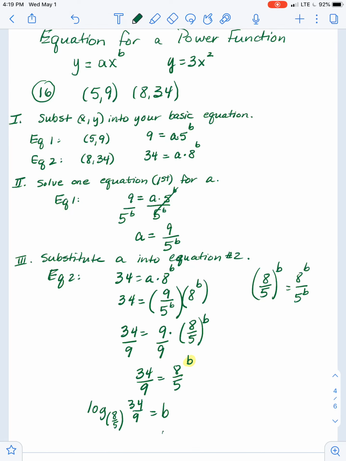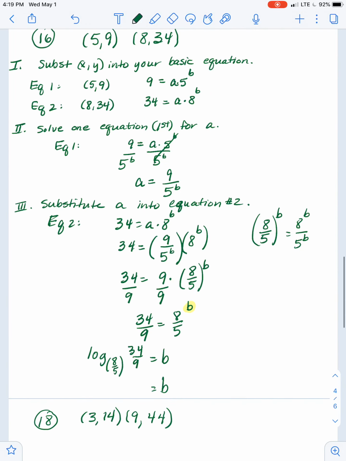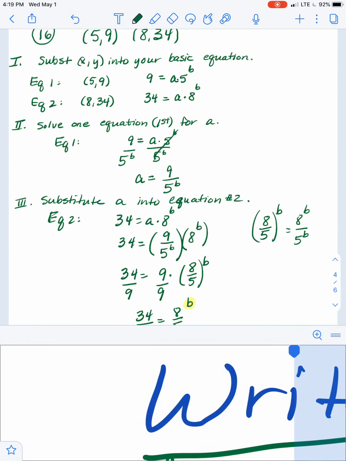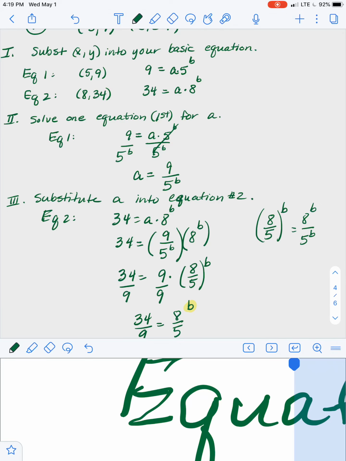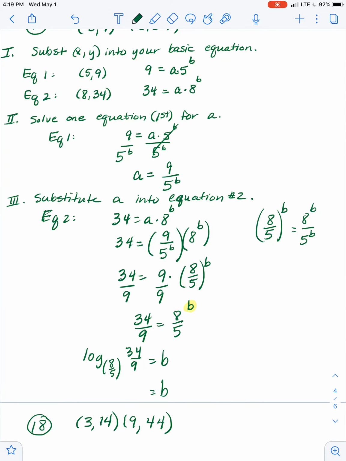You can run that into your calculator because we're going to do the change of base. So that would be the log of 34 divided by 9, divided by the log of 8 divided by 5. You are going to have to close those parentheses up, so don't forget that. I'm going to run that real quick.